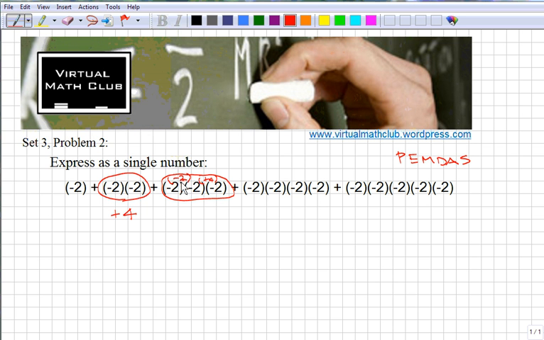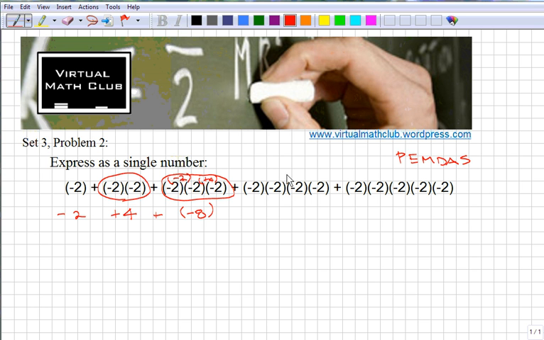Then we have negative 2 times a positive 4, so we end up with a negative 8. Let's put that in parentheses, put the plus sign down here, and also put this negative 2 down here too. So far we've got a negative 2, I'm just dropping that straight down, negative 2 times negative 2 is positive 4, and then plus a negative 8. Then let's keep going.